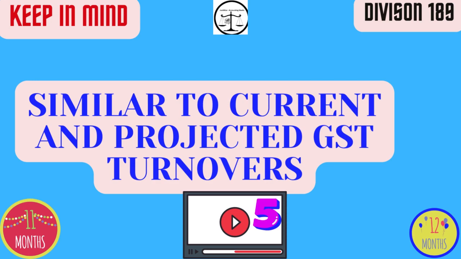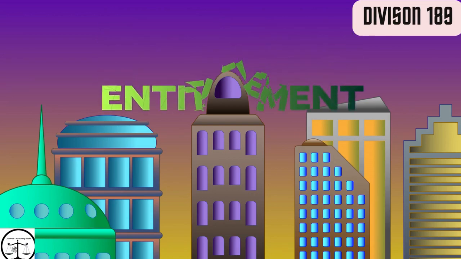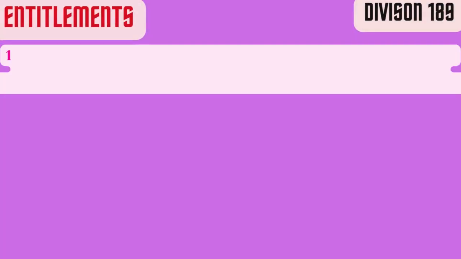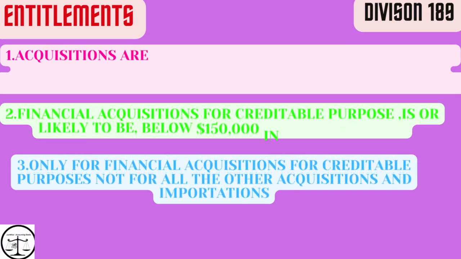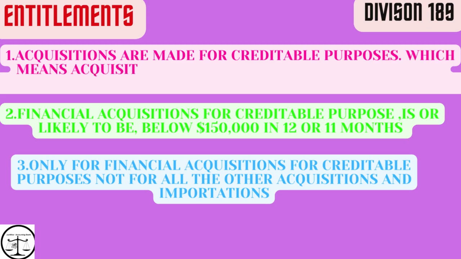In case you have missed it, we would like to remind you to please check video number 5 of this playlist. Friends, you are entitled to input tax credits for financial acquisitions only if these acquisitions are made for creditable purposes, which means acquisition made to carry an enterprise, or in other words a business expense that is not input taxed.